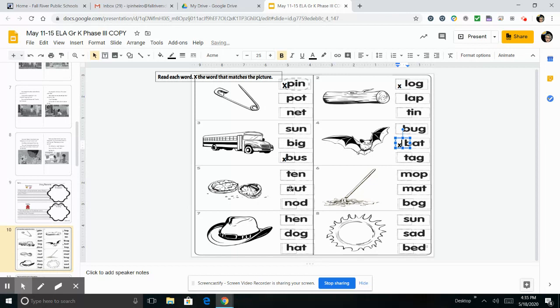N-U-T, nut. Mop. M-O-P, mop. Hat. H-A-T, hat. Sun. S-U-N, sun.